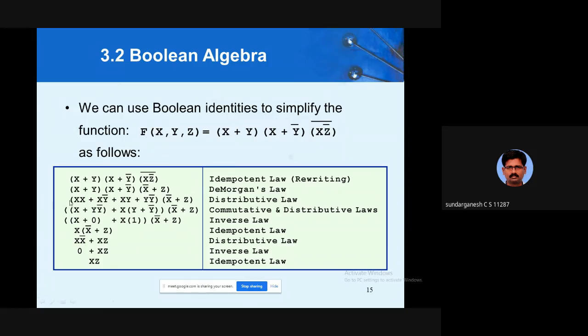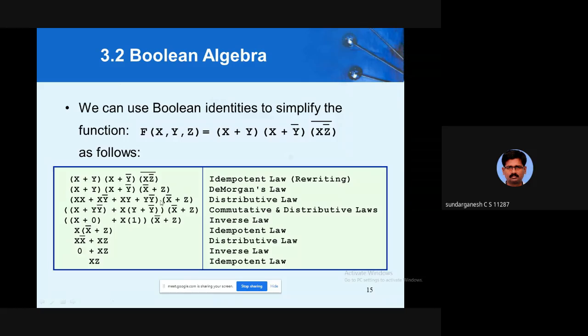If you look at this, first we are applying De Morgan's theorem here. So this becomes x bar plus z double complement, so the complements get cancelled. Okay. After this I am multiplying: x into x bar, xx, xy bar, yx, xy and yy bar into x bar plus z. Now x into x is x only.